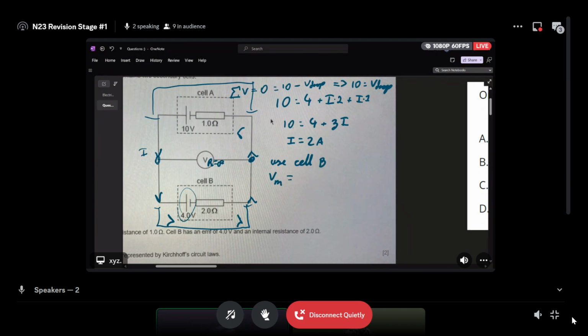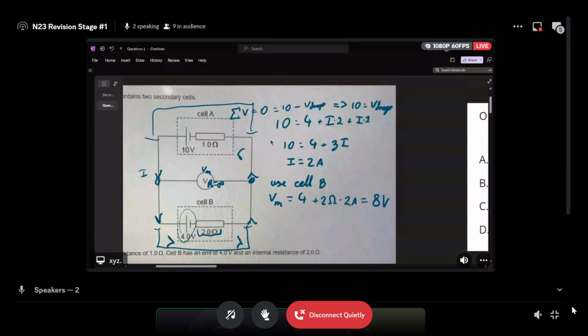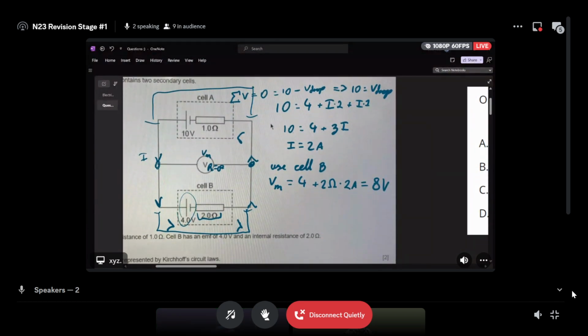So the V that's measured, Vm, is going to be equal to 4 plus 2 times 2, because it's the 2 ohm resistor times the 2 amps. Let me just keep the units there, so whoever's reading the notes alone will be able to tell. So that's 8 volts, and you'll see that it's the same as what we got up here.